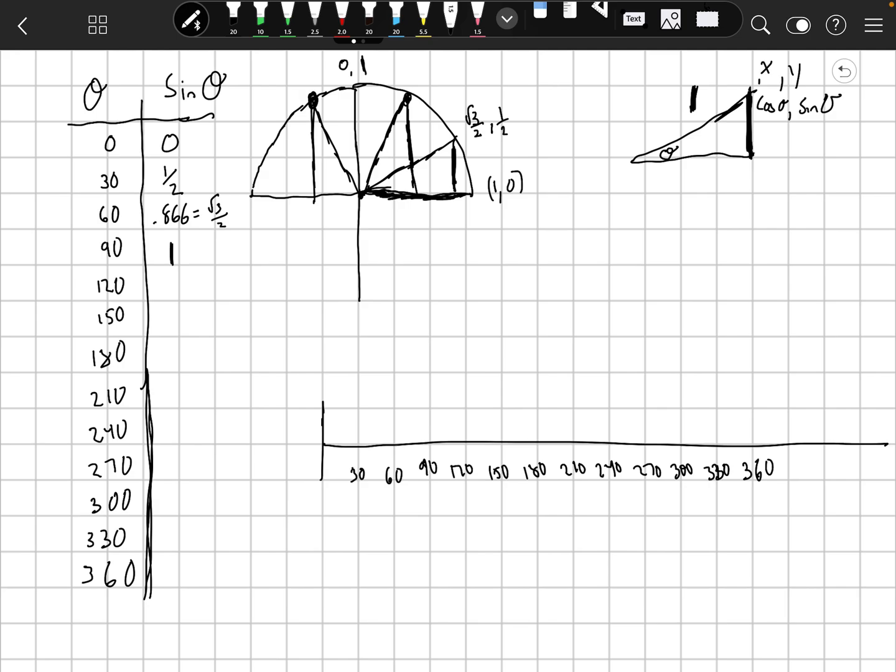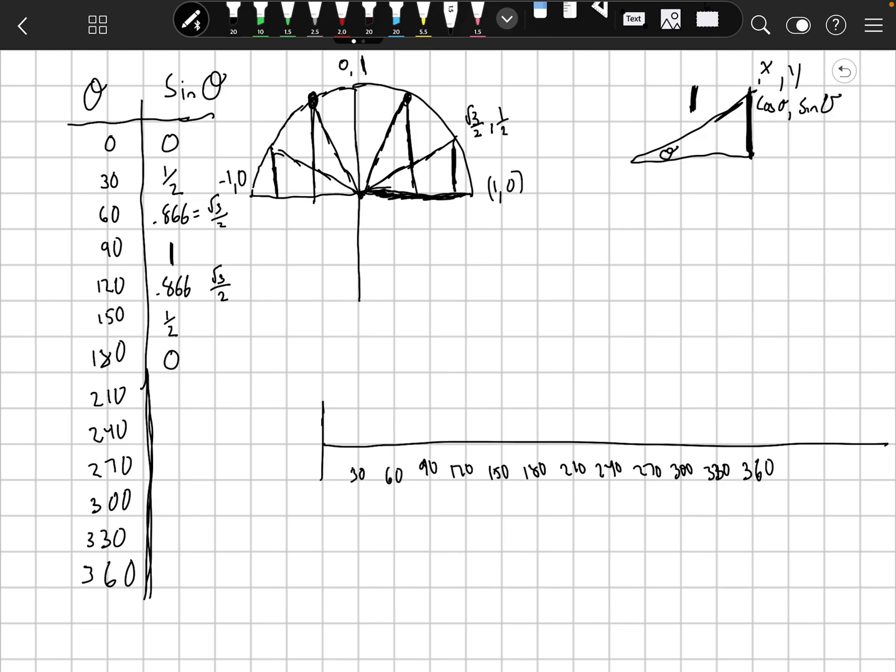So the height there is 0.866, or square root 3 over 2. And then at 150, that's like a reference angle to 30. The height there is going to be 1/2. And then at 180, this is -1, 0. We're back down to 0.